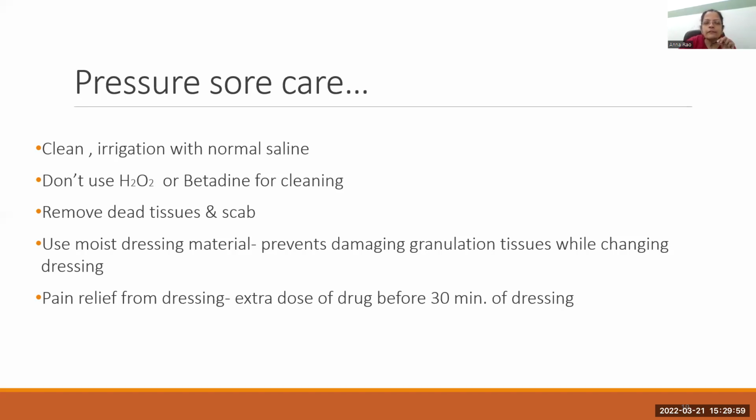Okay? So at what time should the dressing be done? Ideally, it should be done when the patient's regular analgesic timings are there. After half an hour you can do it, or if that is not possible, then give an extra dose of the analgesic drug just 30 minutes before the dressing change. Because whatever you do for the patient, it will always remain in his mind, right?